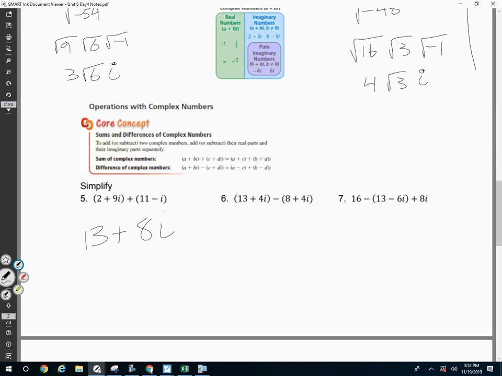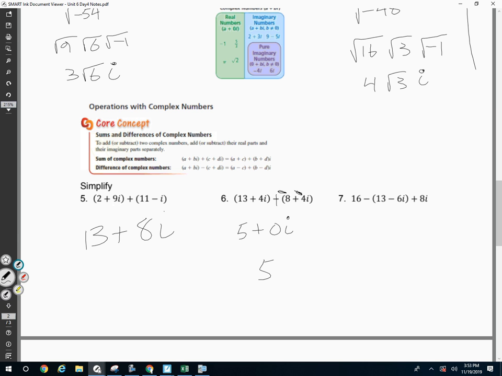So you got 2 plus 11, 13. Sure, because they're like terms, I can do that. 9i minus an i, I have 8 i's. If I'm subtracting, make sure you distribute a negative. I have 5 plus 0 i's. Well, 0 times anything is 0, so I just have 5.